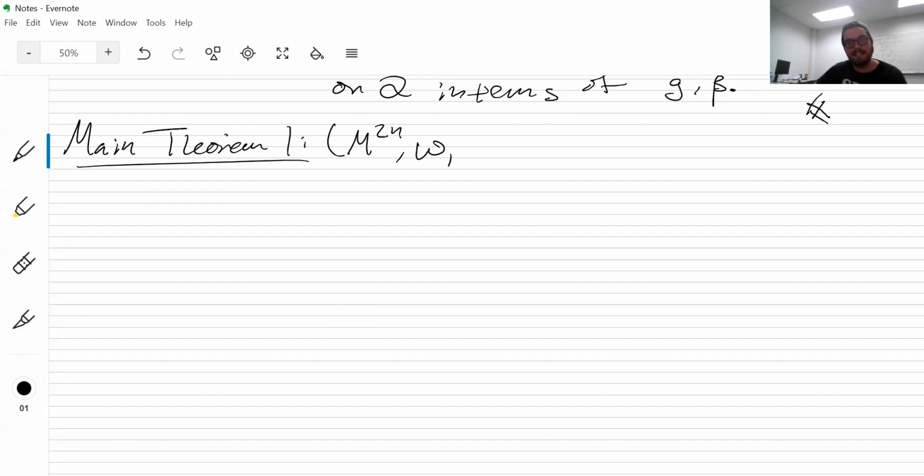So M2N omega Fj is a Bismuth flat complex manifold.